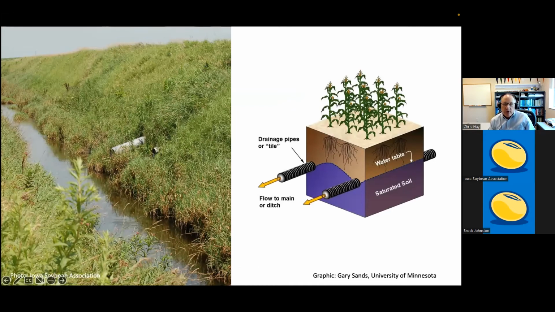And so we've built these extensive networks of drainage to remove that excess water and get it out of the field so that we can get in and plant those crops in a timely fashion, and then not have that excess water to impede the crop growth. So we've got great drainage systems that are able to deal with too much water, and in many areas of the state we wouldn't be able to reliably produce crops without those drainage systems.